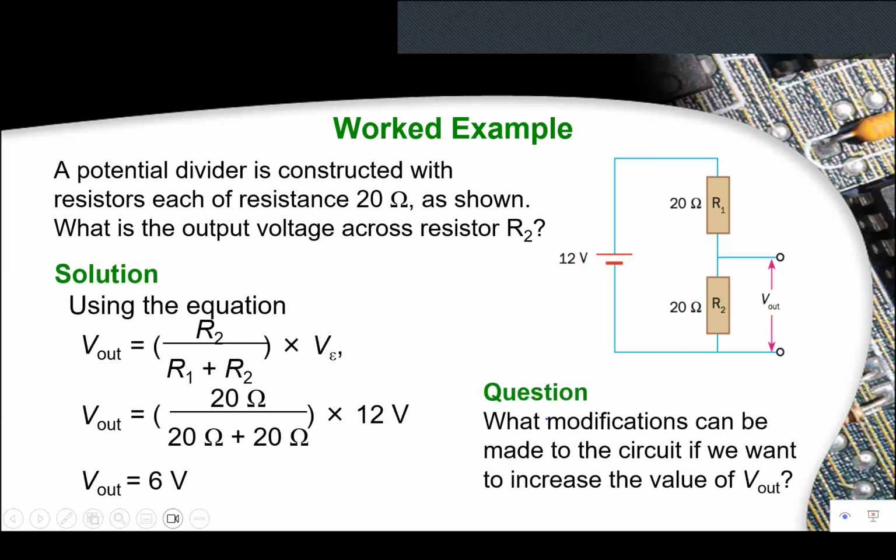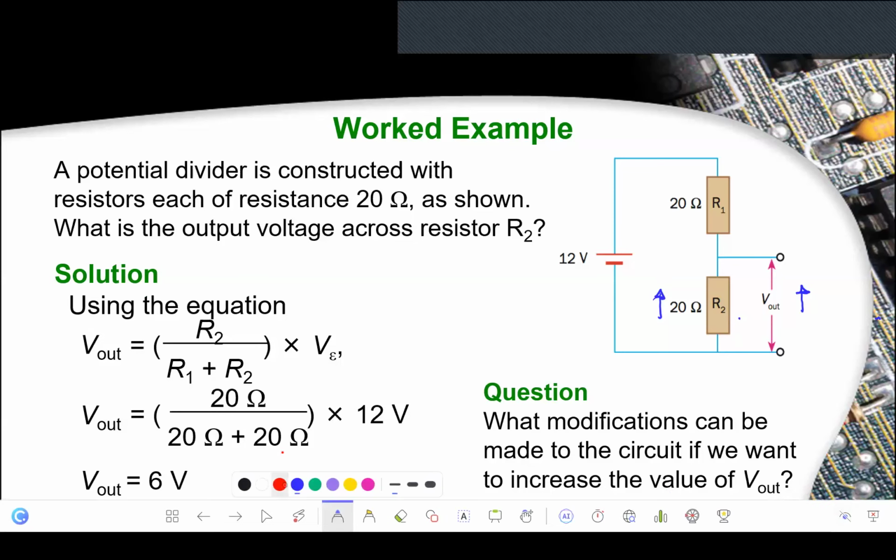Okay, next, what modification can be made to the circuit if we want to increase the value of V out? Okay, if we want to increase V out over here, you know that we need to increase the resistance over here. Or I can also choose to decrease the resistance over R1.